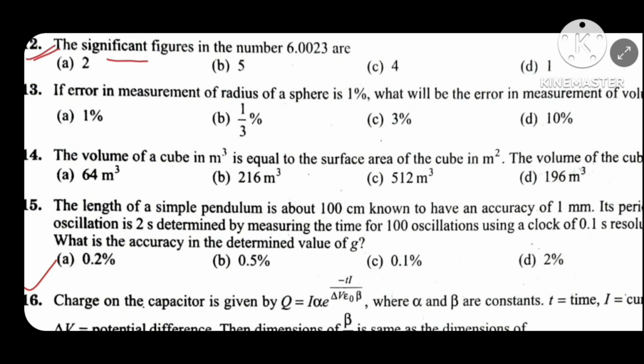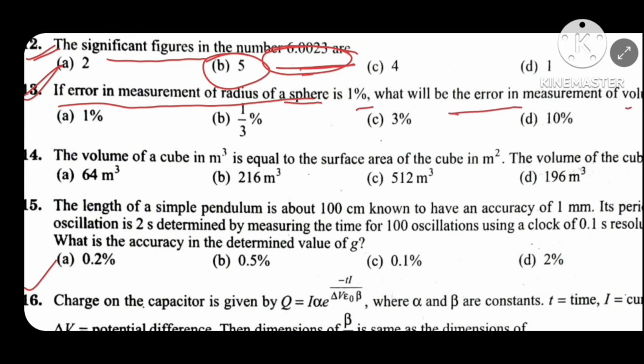Okay, understood? Now next. Now question number 12. The significant figures of the number 6.0023. Look at this, zeros between two non-zero digits are significant, so it has 5 significant figures. Now question number 13. The error in measurement of radius of a sphere is 1%; find the error in measurement of volume.